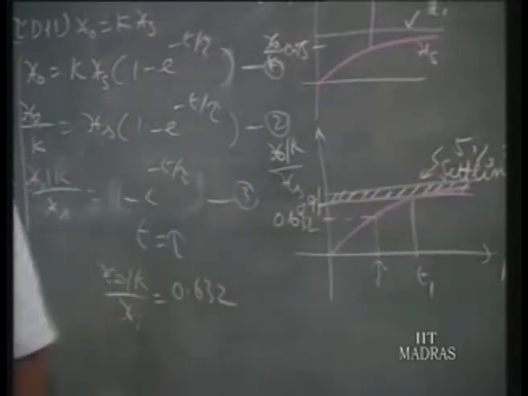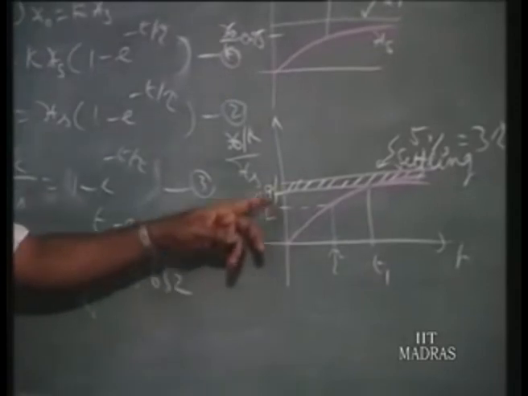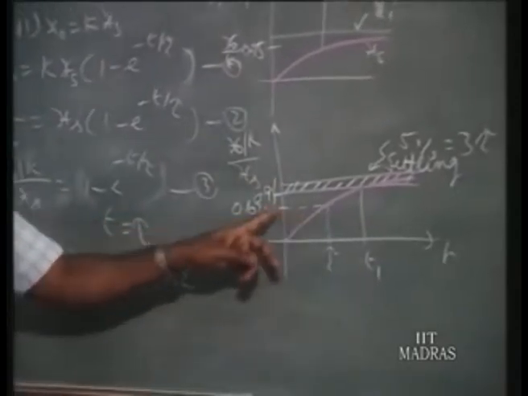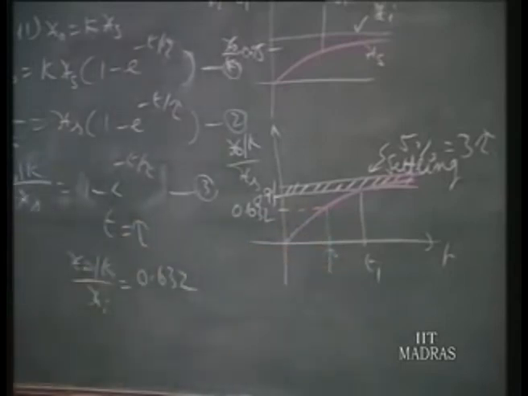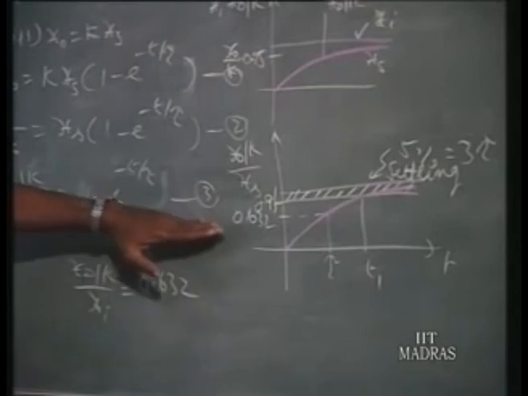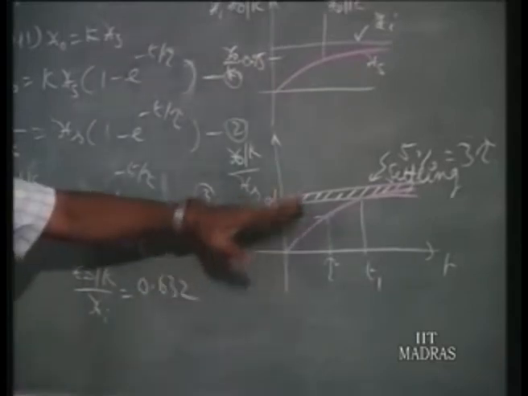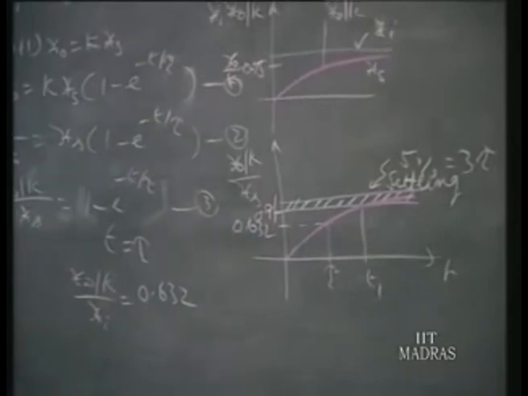Plot the output signal with t as the x axis, take 0.632 times the final value, draw a parallel line, and where it meets the curve, that time decides the time constant of the instrument. So to measure the time constant of an unknown instrument, we can conduct this experiment and find the time constant.